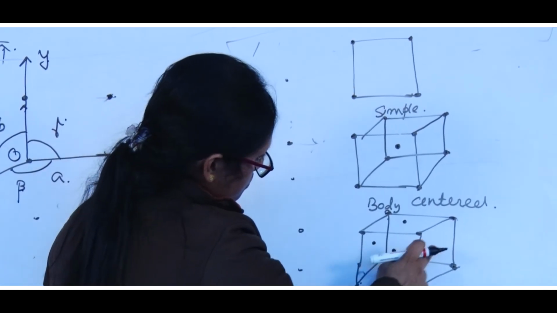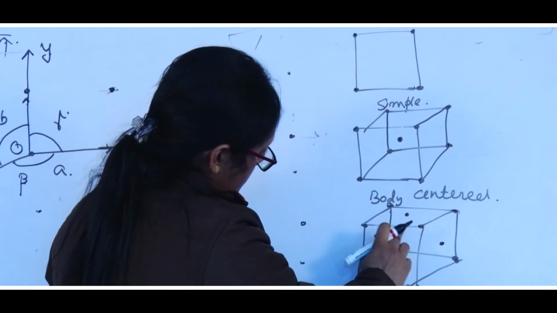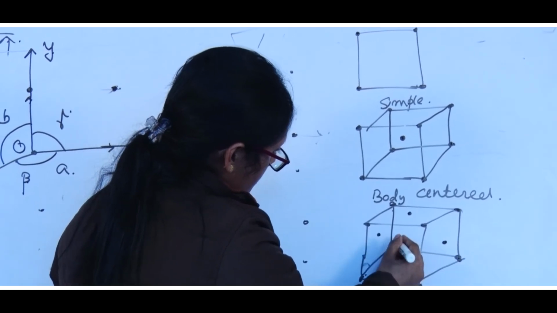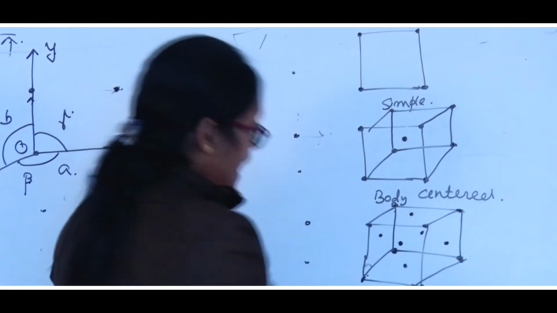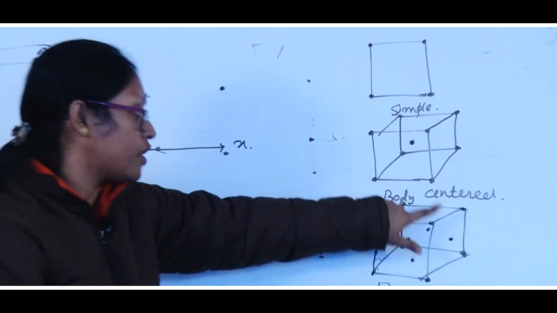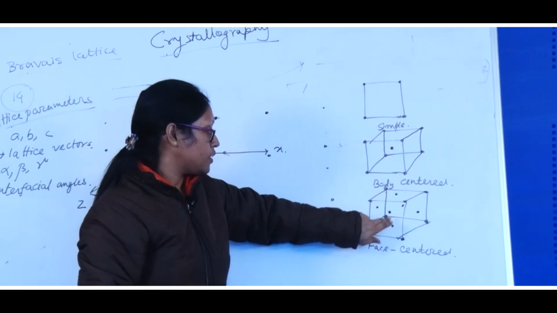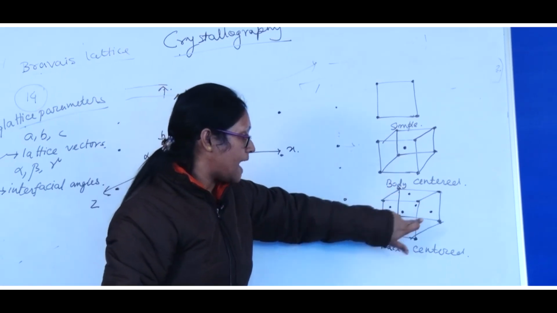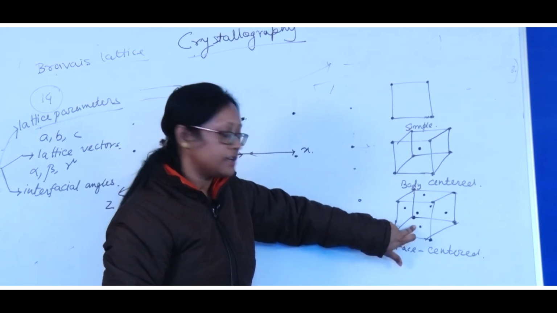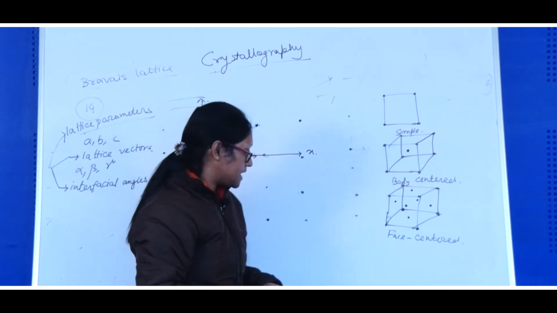So 1, 2, 3, 4, 5 and this is 6. For a cube there will be 6 faces, so there will be 6 atoms, one at the center of each face. This is called face centered.